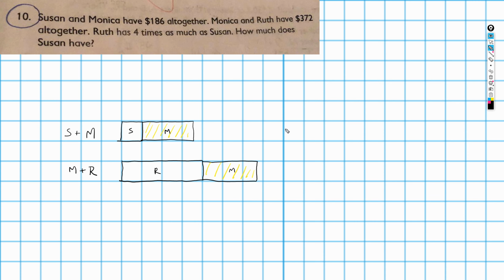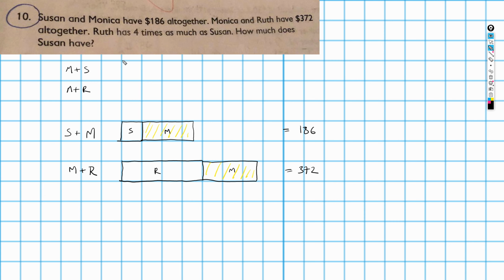And then I realized actually it would have been much better if I had drawn this the other way round. Okay, so have I got some space up here? I've just about. So I'm going to do Monica and Susan, and I'll just do them one underneath each other. And then I've got Monica and Ruth.